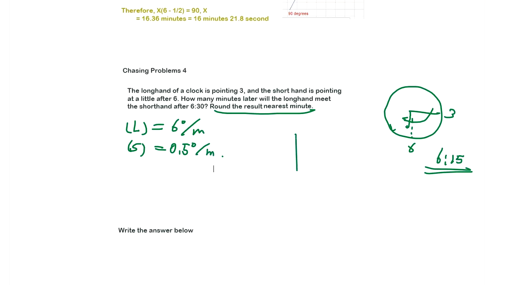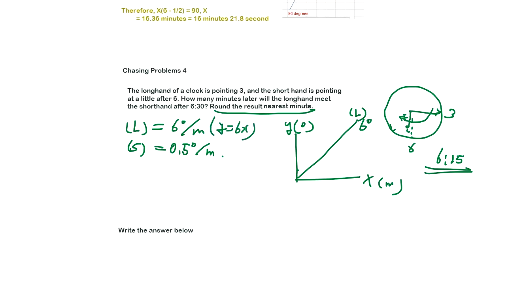And in the graph, you take x as minutes and y as degrees. Okay, so we don't know how much. The handicap is not exactly 90 degrees, so that's a little complication here. Okay, but the long hand starts from 3 and keeps going at 6 degrees per minute, right? So the long hand is y equals 6x.